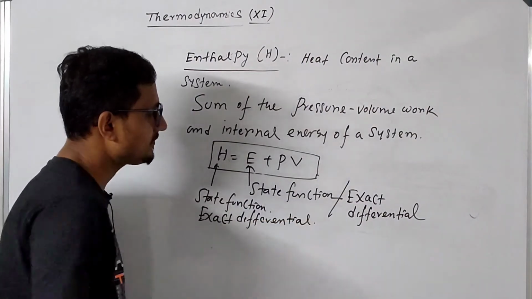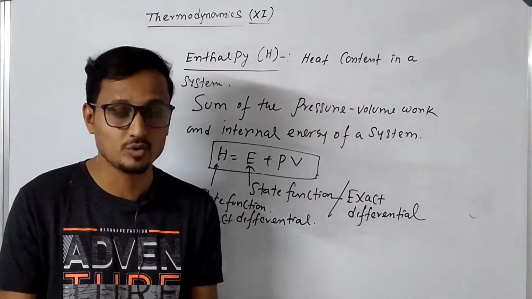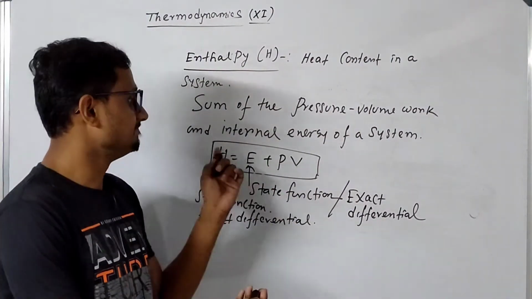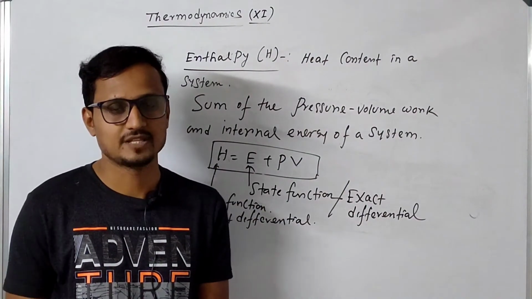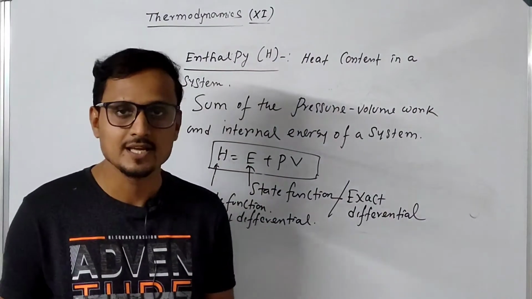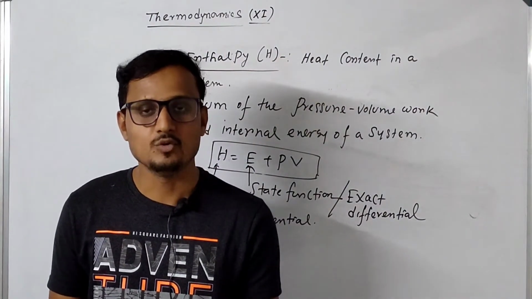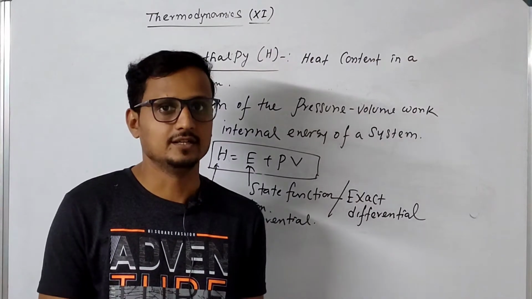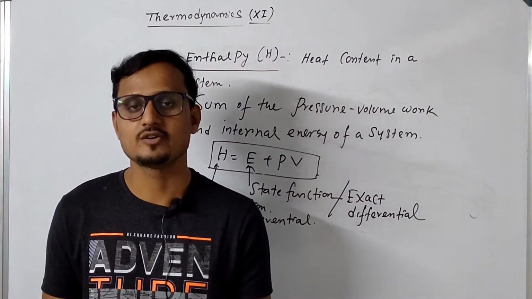Okay, now as we have considered H equal U plus PV, and previously we know that Q is equal to del E minus W. That means the first law of thermodynamics. So if we compare these two relations, then we can go into another condition, in which condition the enthalpy of a system is equal to heat contained of a system.